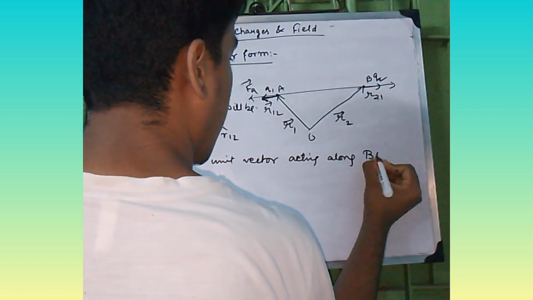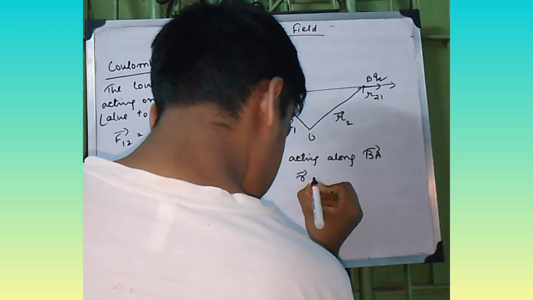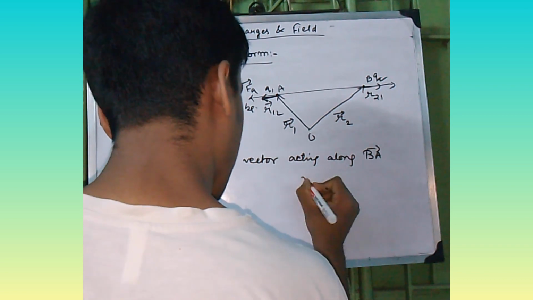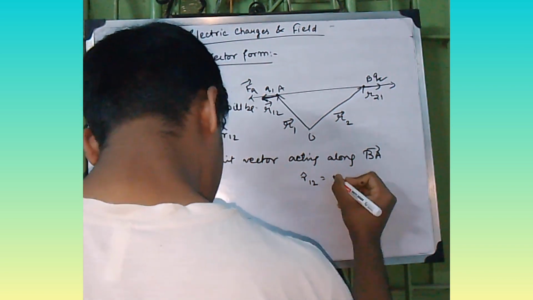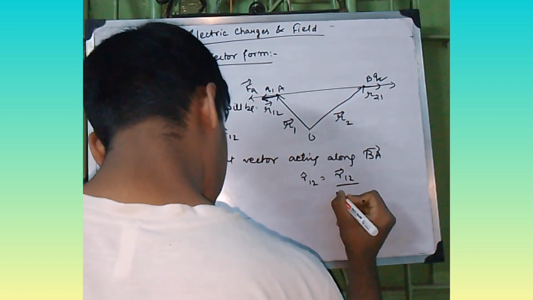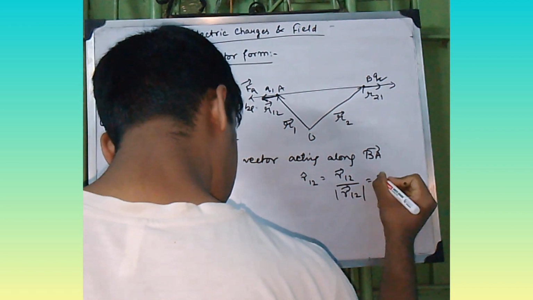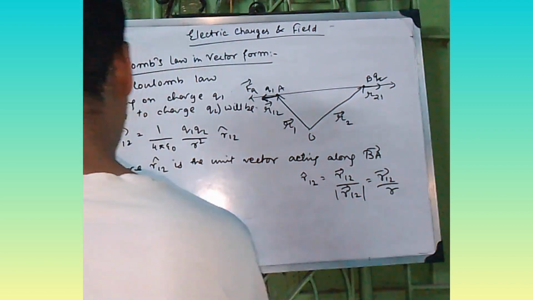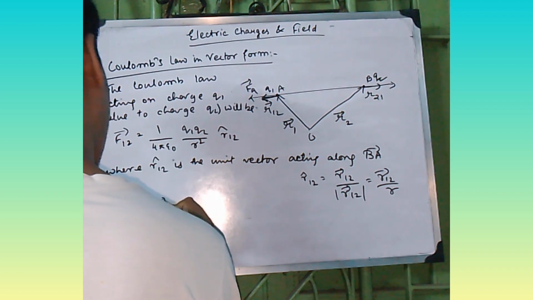Then unit vector r12 will be written as vector r12 divided by mod vector r12, which will result to vector r12 divided by r.